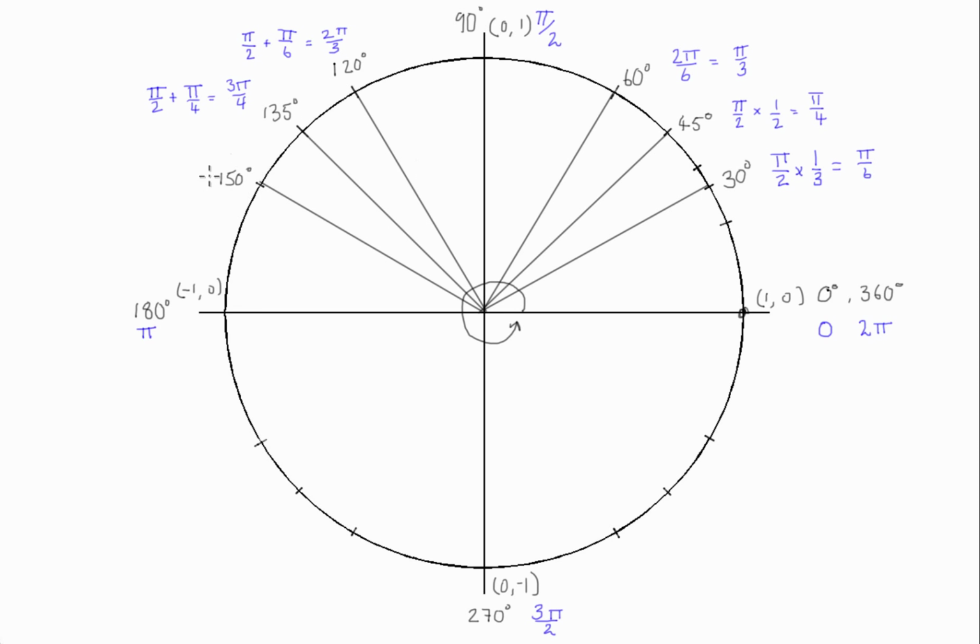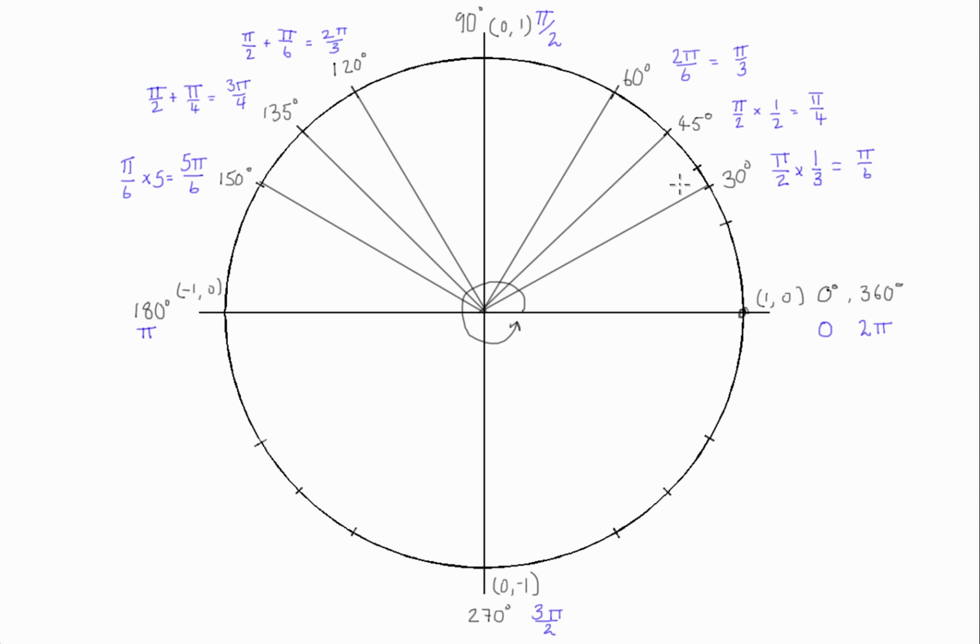Now, 150 is the same as 90 plus 60, or we could say 150 is 30 times 5. So we take the radian measure for 30 degrees, which is pi over 6, and multiply it by 5. So we're going to get 5 pi over 6.